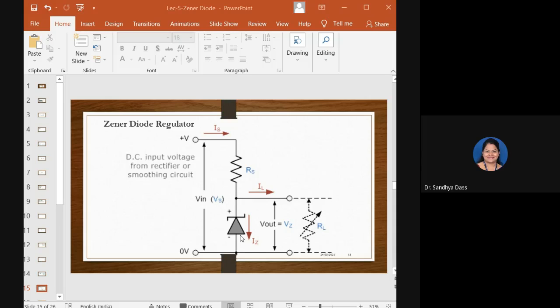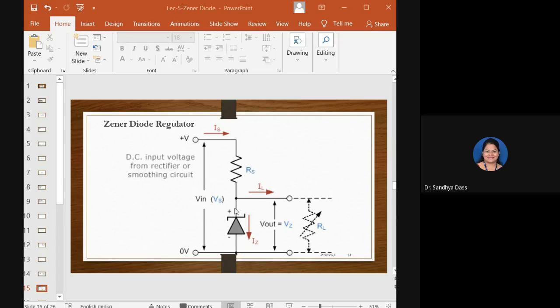Okay, when the Zener diode is connected with its cathode terminal to the positive rail of the DC supply and the anode as shown in the figure here, we say that the Zener diode is in the reverse bias condition, and it will be operating in its breakdown condition. Our resistor RS is selected to limit the maximum current flowing in the circuit, as discussed earlier, because we have to maintain the current between the minimum Zener current and the maximum Zener current.